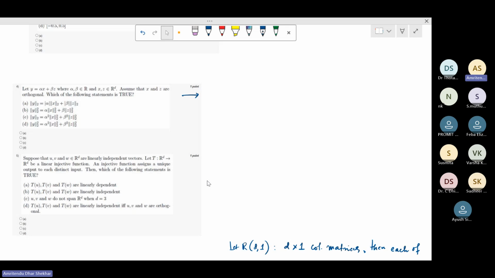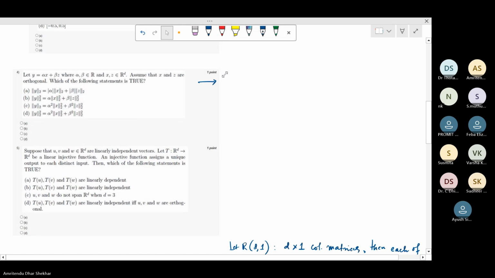Yeah, let's look at this problem, the fourth one. Okay, so let's say we're given a linear combination of orthogonal vectors.